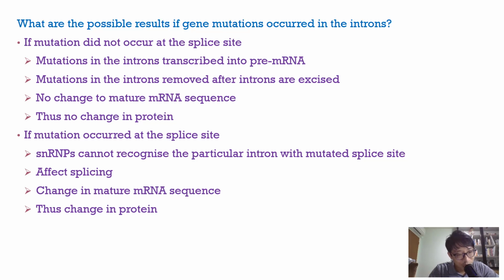So the intron and the exon behind it would be removed together. Then that would shorten the mature mRNA sequence. There's a removal of one exon, and that would, of course, also change the protein length, structure, and function.